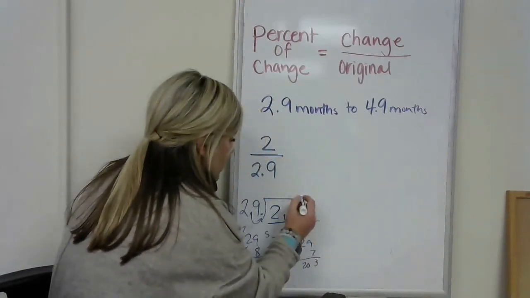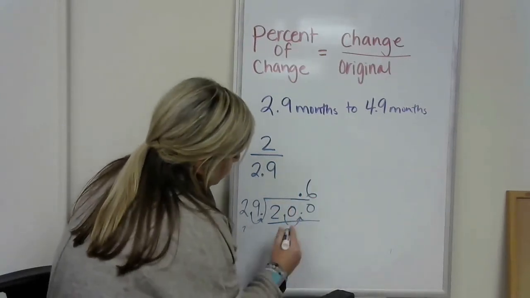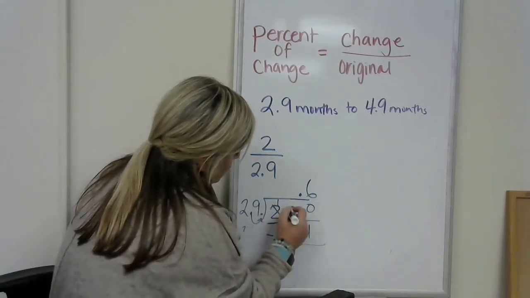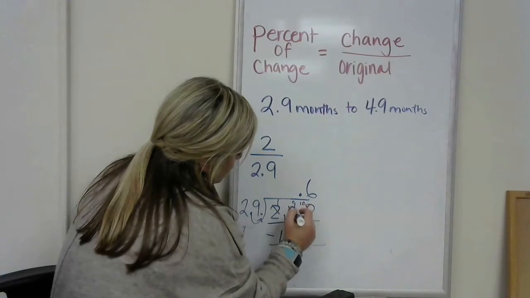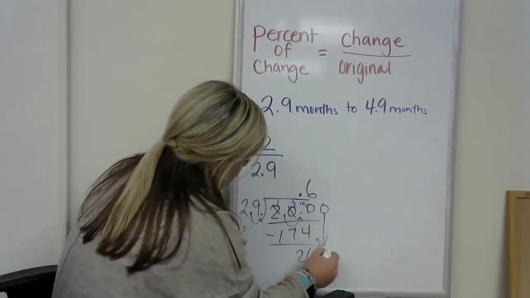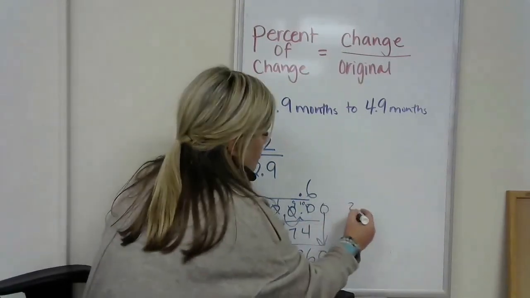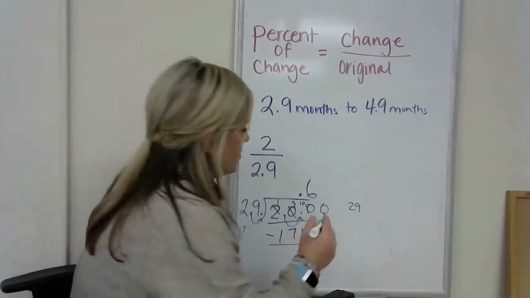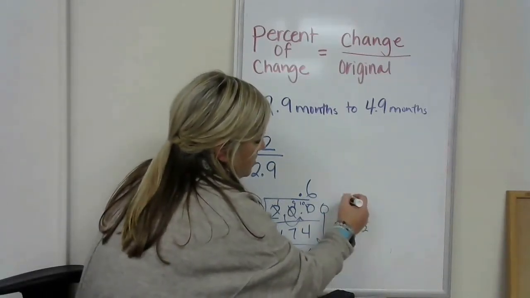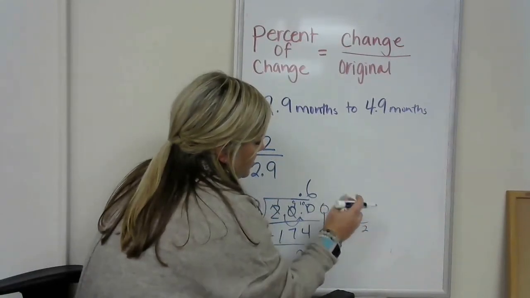Okay, so 6, it will go 174. 60. Plus 260. Let's see, 8, 2, 16, 17, 18, 19, 20, 21, 22, 23.